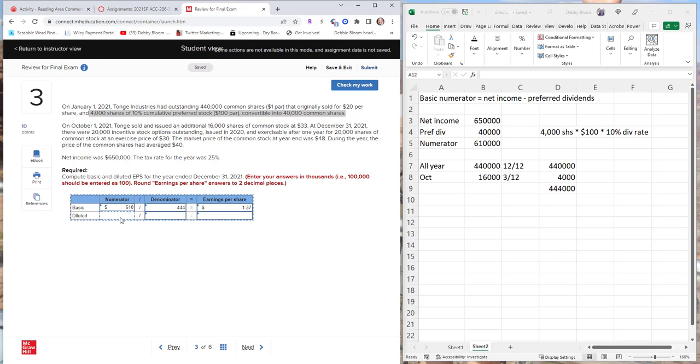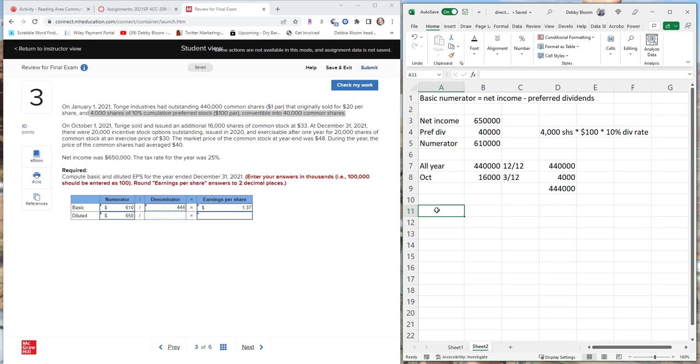So our numerator for fully diluted is going to be the full 650,000. If we had a bond, we would have to adjust for the bond interest, but for the preferred dividend, we're just not going to subtract it. The other one that we have is options.